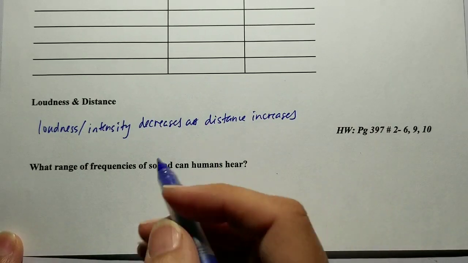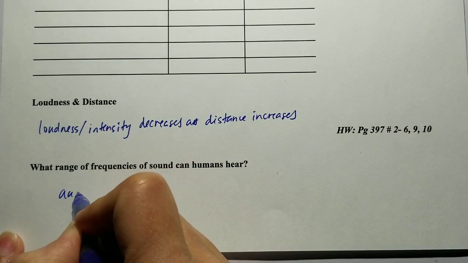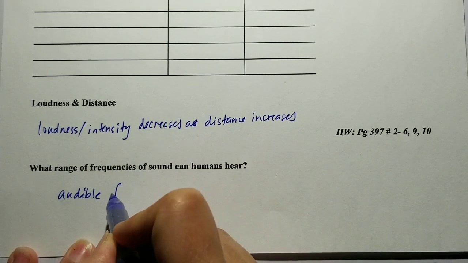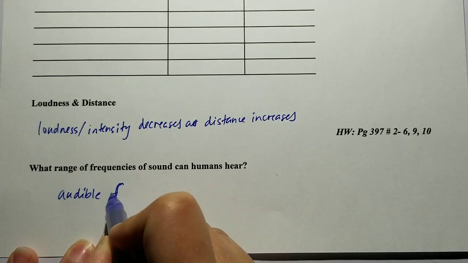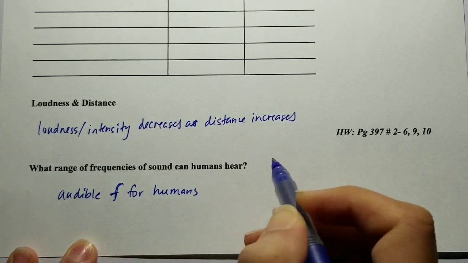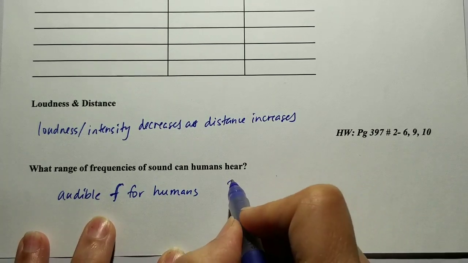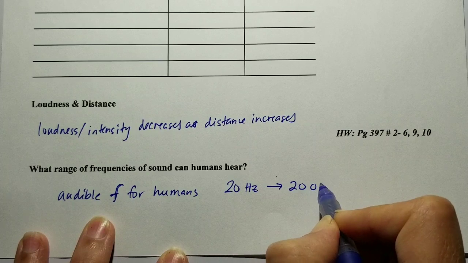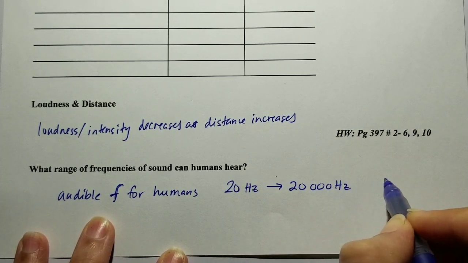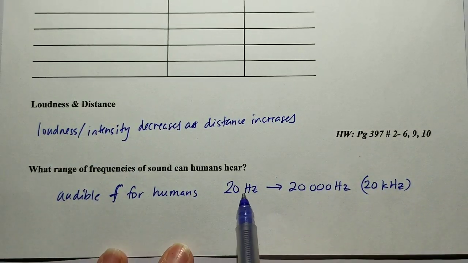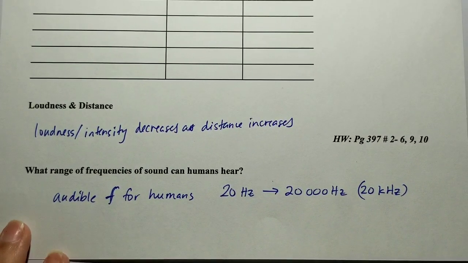So we have the audible frequencies, that's frequencies for humans. It's in the range from approximately 20 hertz to 20,000 hertz, or you can think of it as 20 kilohertz. But some people don't see that K. It's 20 hertz to 20,000 hertz.